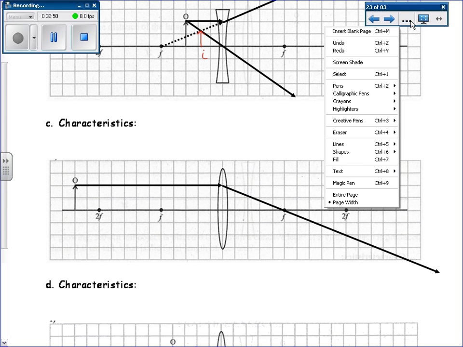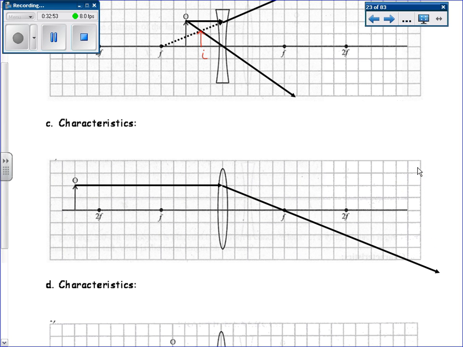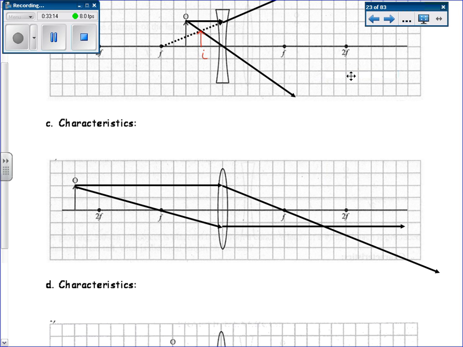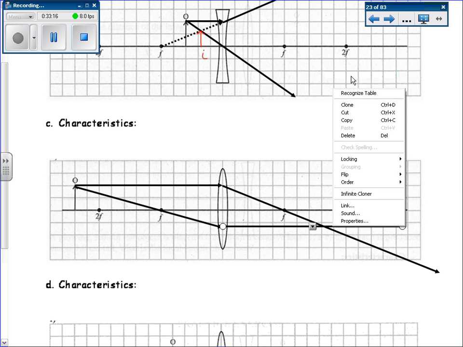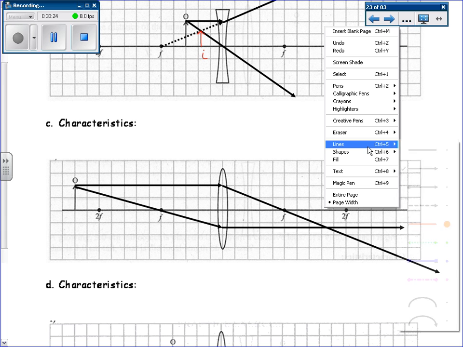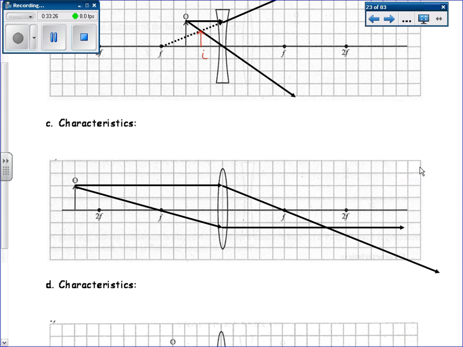A ray through the focal point refracts parallel to the principal axis. And then the third rule, to just confirm, is that a ray through the center doesn't refract at all.